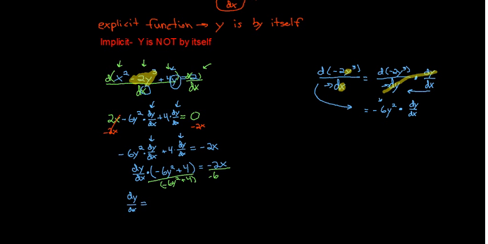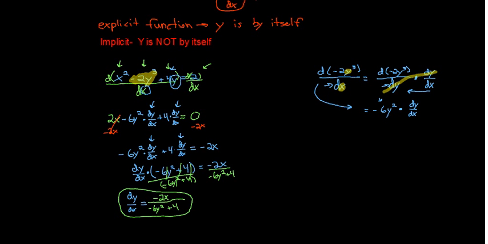This goes away, and you are left with negative 2x over negative 6y squared plus 4. That is now our derivative of y with respect to x.